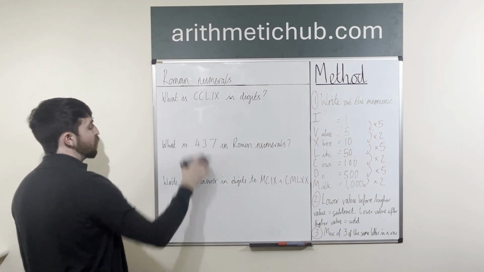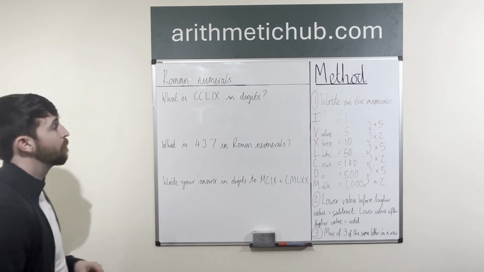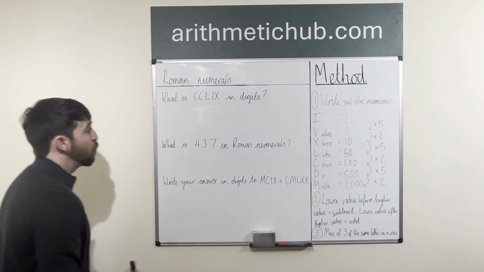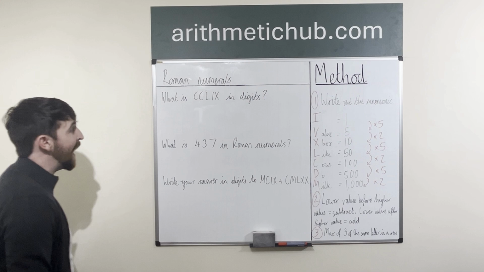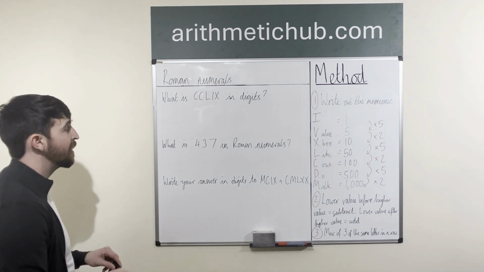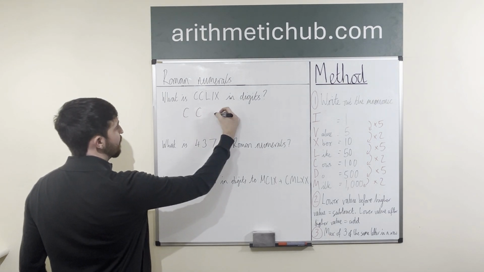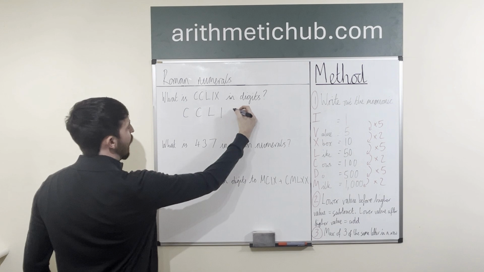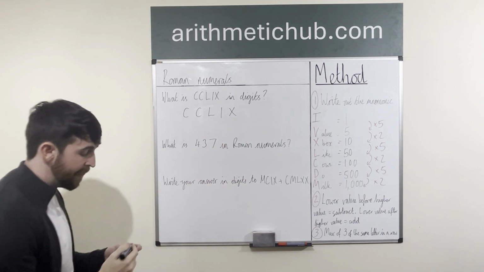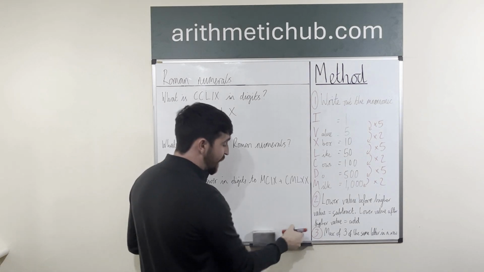Okay? So, let's have a little look at a question that looks like this then. So what is CCLIX in digits? So what I'm going to do, I'm going to write CCLIX, and then I'm going to annotate underneath it.